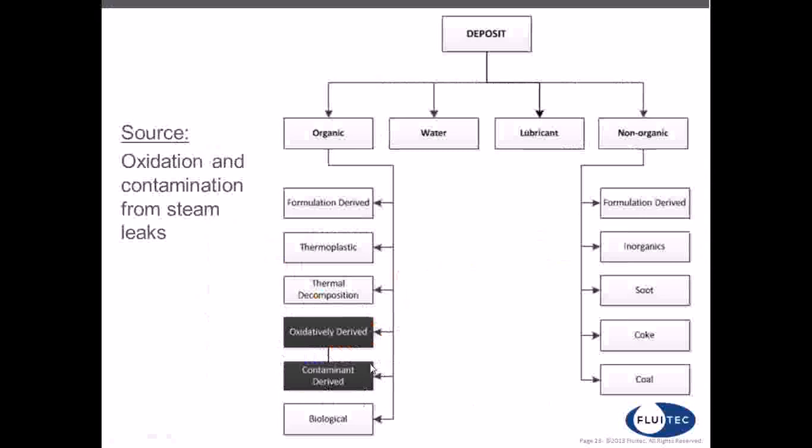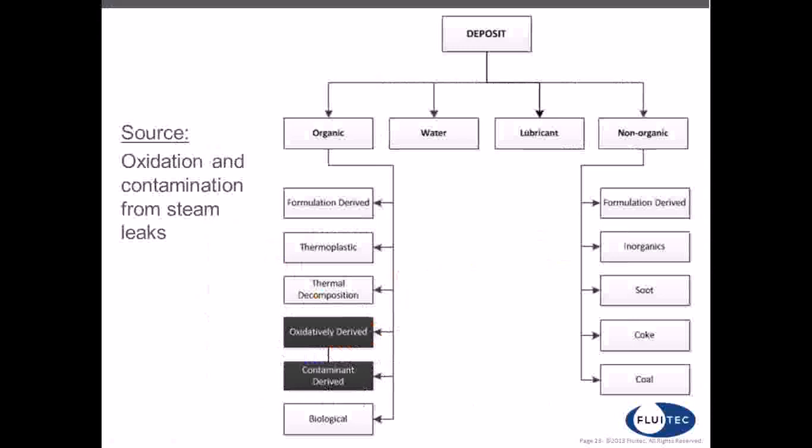In fact, what we identified is that there was chemistry in the steam. It's very hard to prevent steam leaks from ever occurring in these systems, and there was a steam leak that happened in this particular system in the past. There's ammonia type chemistry in the steam. It reacted with the oxidation products, the acids, and created this fairly unique chemistry.